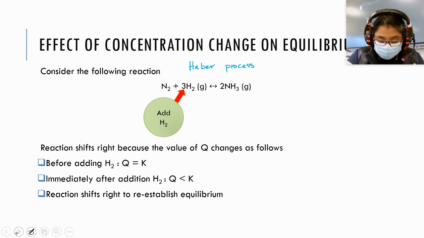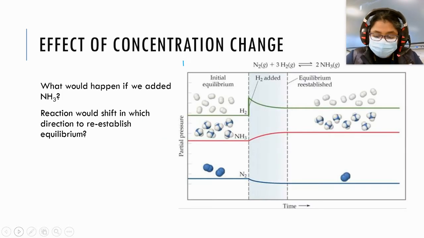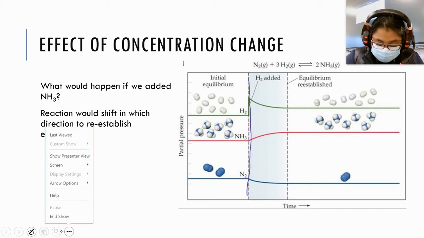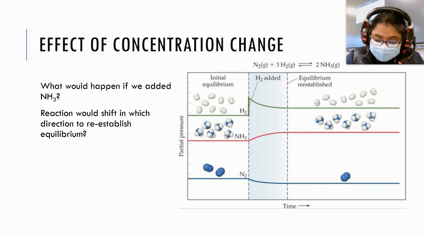Okay, so here is a graph showing what happens. The green line represents the hydrogen, the red line is ammonia, and the blue line is nitrogen. Now, what's interesting here is this little point, that's where you just added hydrogen.